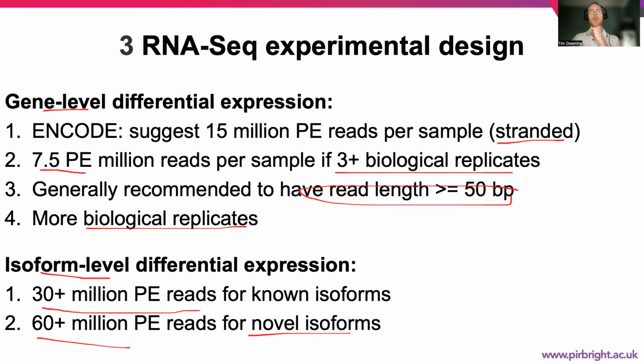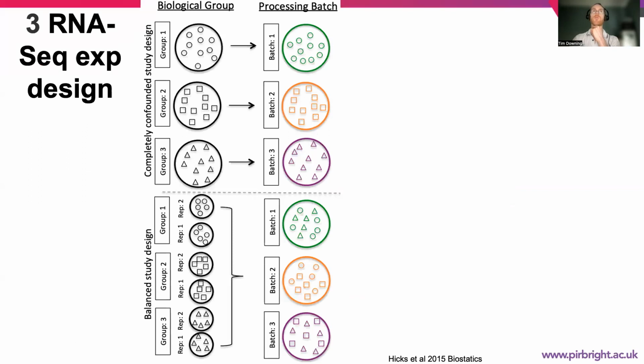Linked to this is our experimental design, and one thing that's always important is that if we have different groups, and different sequencing platforms or different library preparation approaches, we should mix those samples with different preparation approaches or different contexts together in different sequencing batches.